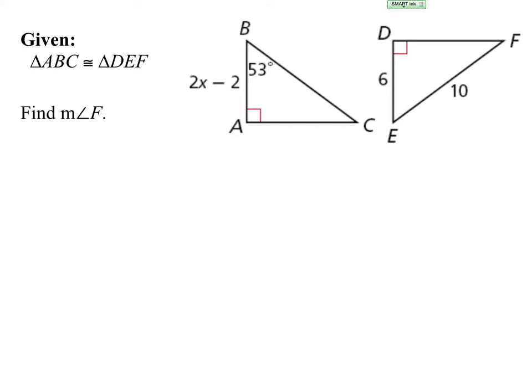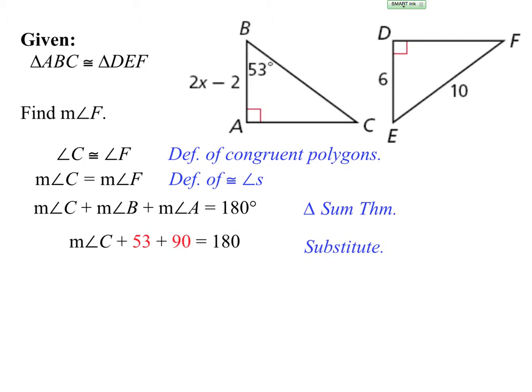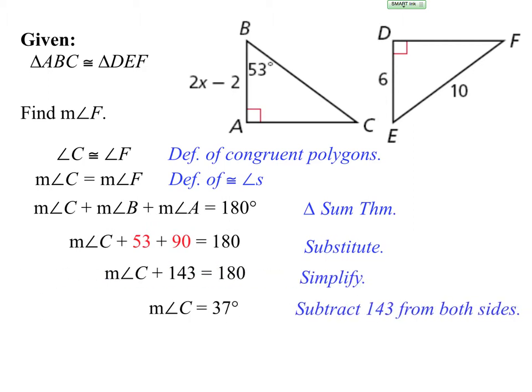So subtract the 90 and the 50, so take off 143 total. Angle C is 37. So angle F is 37 degrees. So see what matches and use things that we've studied to help you out.